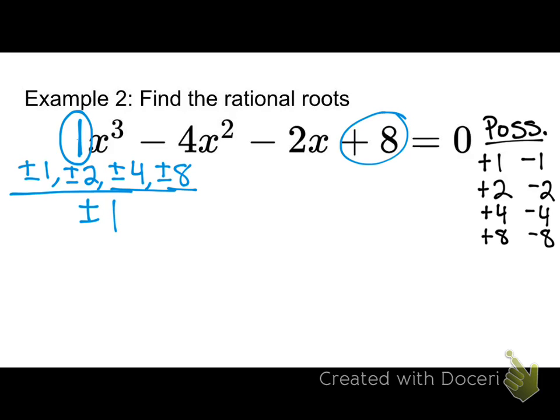Again, it's up to you how you want to check this. If you want to plug in, that's fine. I think, personally, I like synthetic division. But it's up to you. So I want you to start checking these possibilities and see if you can find which one or ones are going to work for us. And we'll talk about it in a minute.